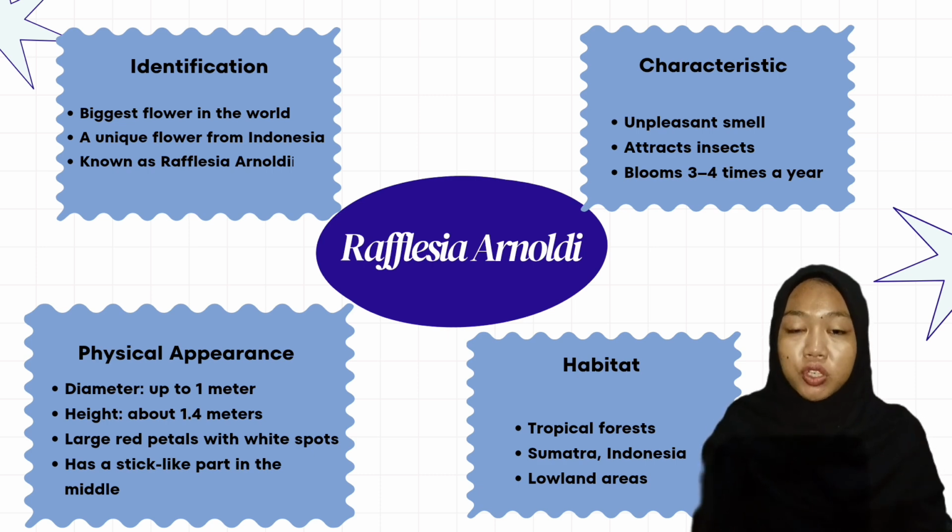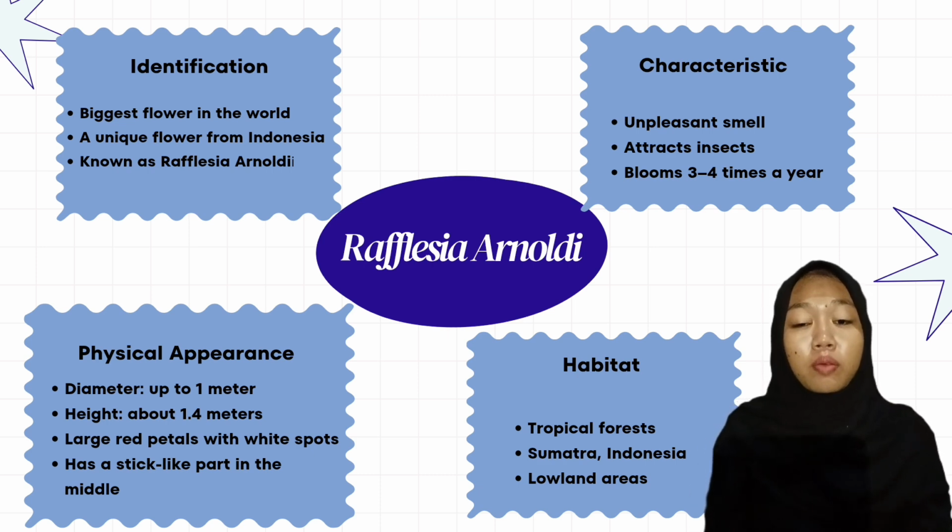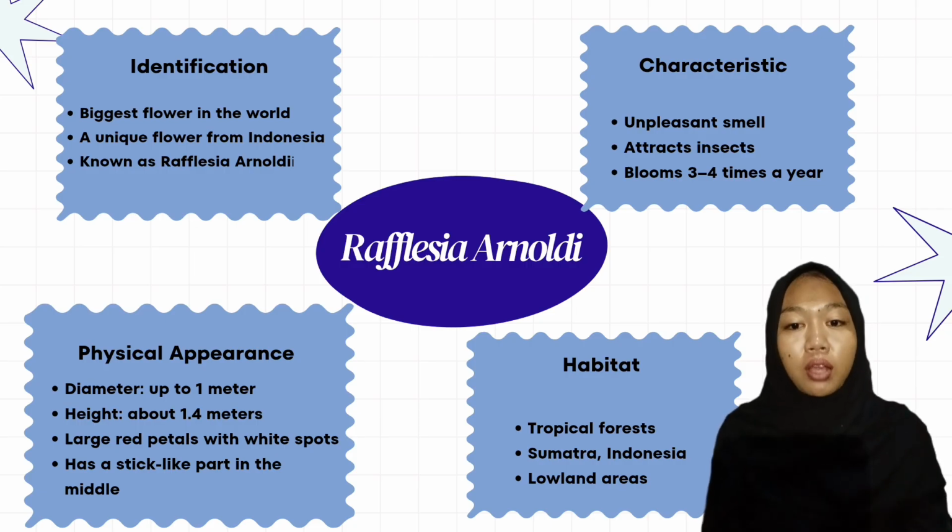The identification part explains the Rafflesia arnoldii is the biggest flower in the world, a unique flower from Indonesia. The physical appearance includes a diameter up to 1 meter, the height about 1.4 meters, large red petals with white spots, and a stick-like part in the middle.